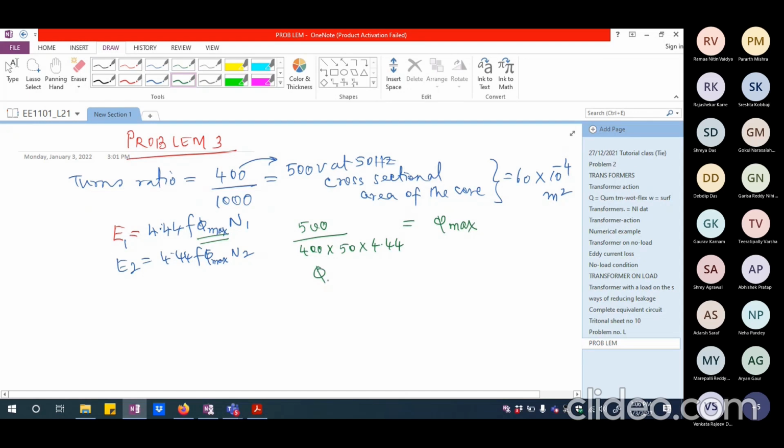From which I can calculate phi max divided by 60 multiplied by 10 power minus 4, which is the area of cross section of the core. That will give me B max. So this is clear. Any questions? So this is going to be your B max.